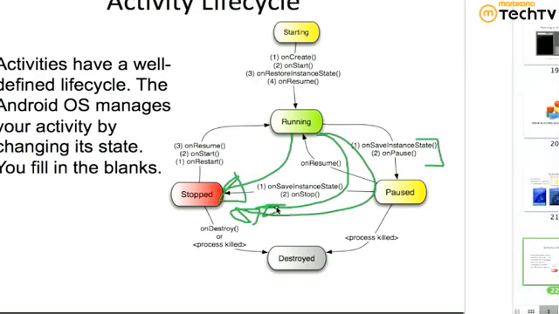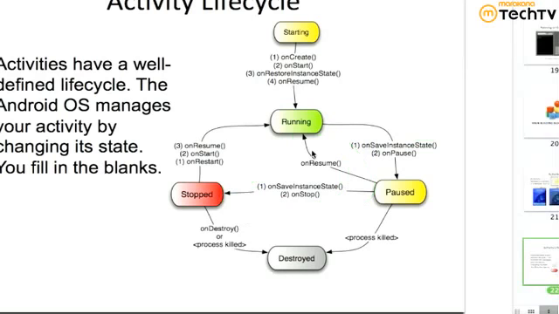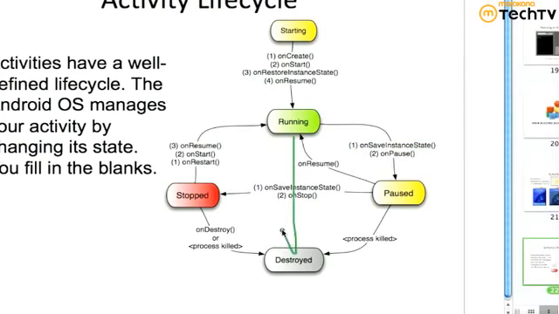So why not just go from running to destroy, like iPhone does, for example? But because Android allows you to resume, if you run an activity and you go to another one, you can go back to that one from the same place. And if you just always destroy, you need to save, like, a form that was partially entered or something like that.